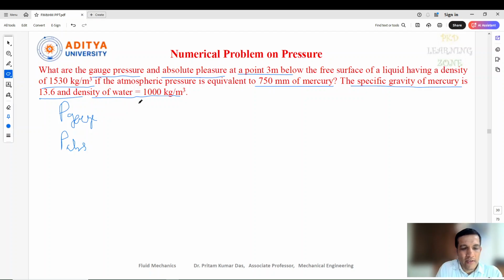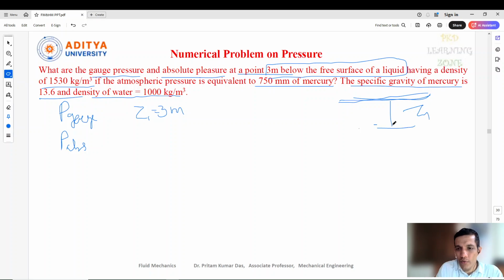So what data are given here? First, the depth: 3 meter below the free surface of the liquid. That is Z1 equal to 3 meter, and the density is given here, rho 1, 1530 kg per meter cube.